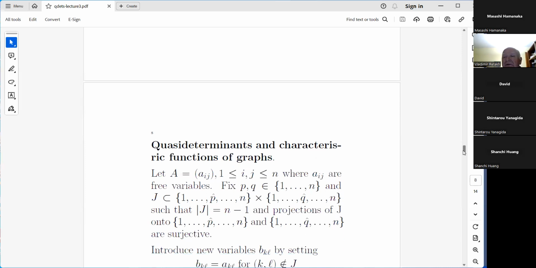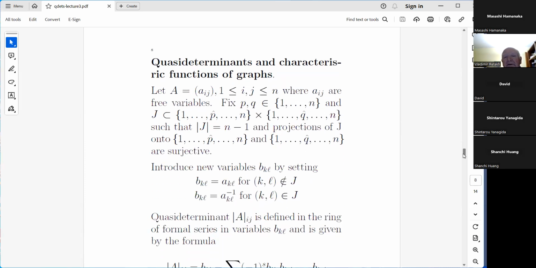Next application, this is related to quasi-determinants and to characteristic functions of graphs. So let me consider just a matrix with the entries Aij, and I consider them as free variables.